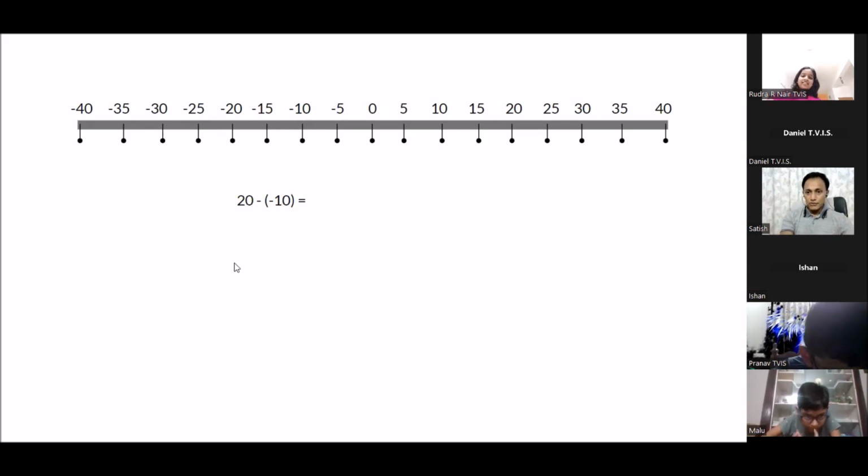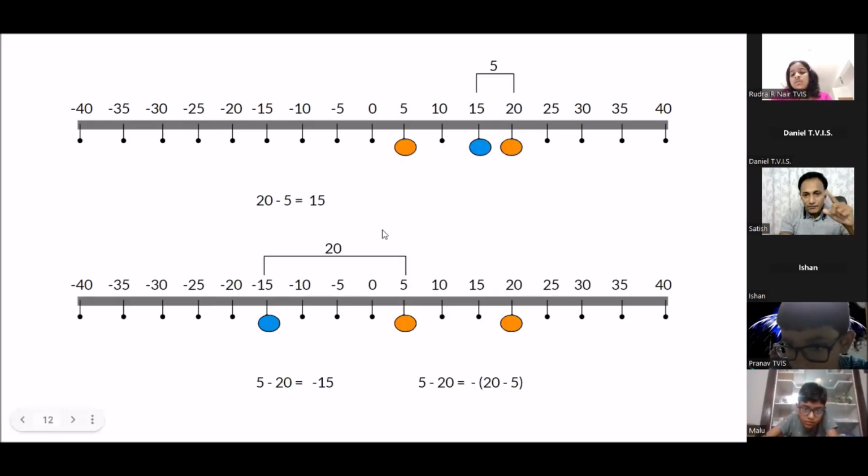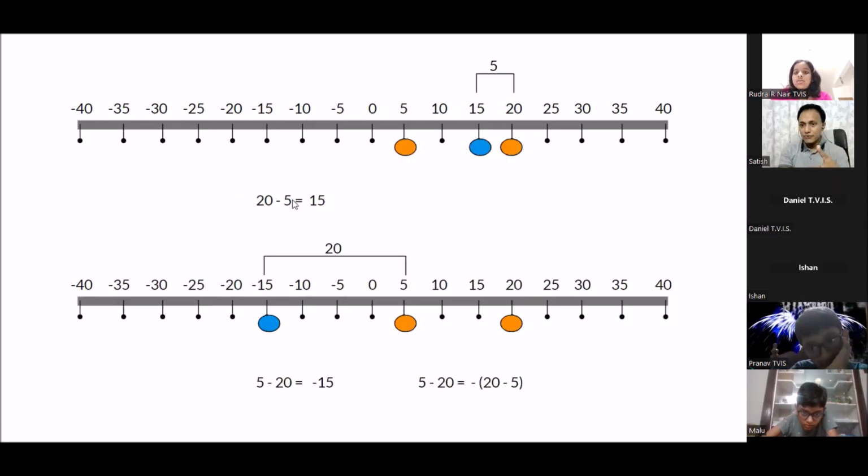You see now, if you look at this diagram, that is why we are making this diagram. You see what is happening. We are taking 20 minus 5. From 20, we reduce 5. It came backwards, right?